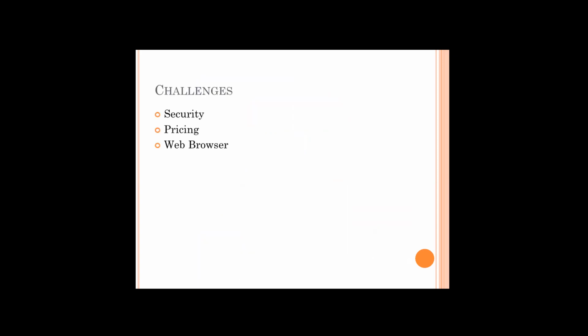Now, the challenges with this, as some of the presenters before have mentioned, is security. Data is passed across wirelessly, and there's always a risk of intrusion by hackers or people who want to access the data being taken across to the service. And also pricing.